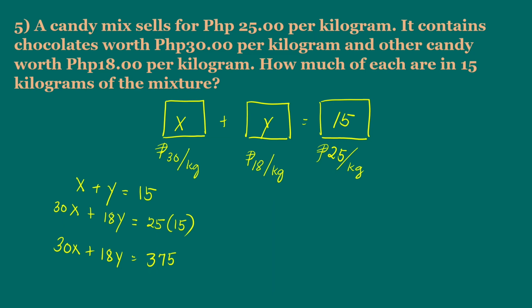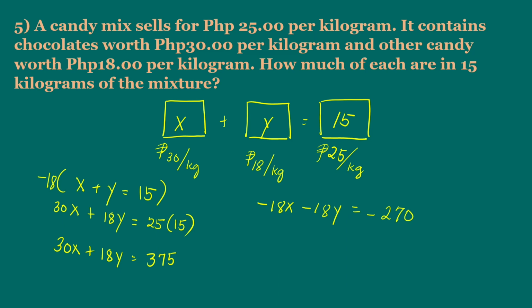Yan. And then, let us try to eliminate. This time, y naman ang eliminate natin. To eliminate y, let us multiply this equation by negative 18. So, multiplying this by negative 18, that will give us negative 18x minus 18y equals negative 18 times 15 is negative 270.